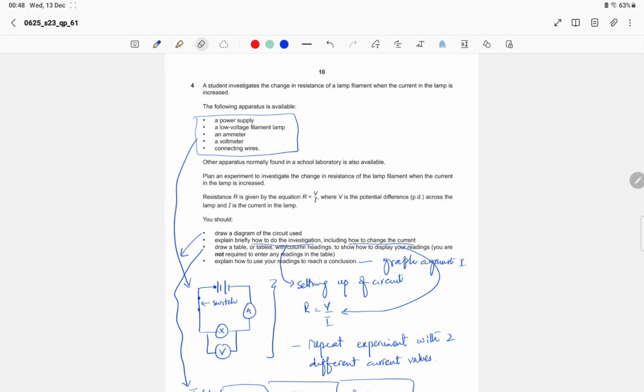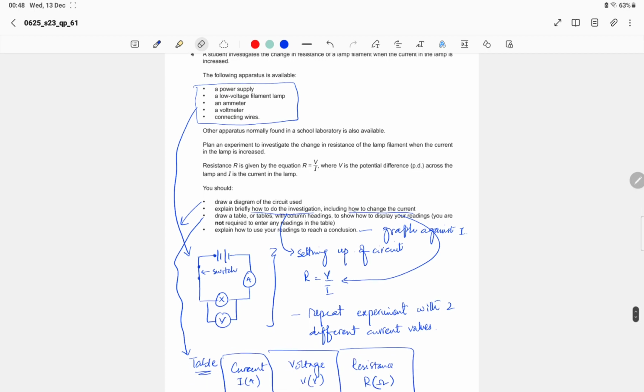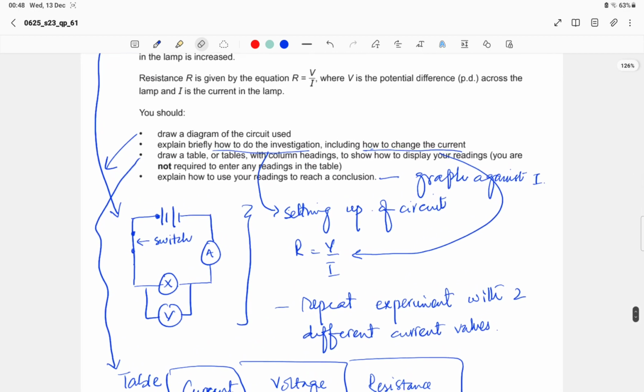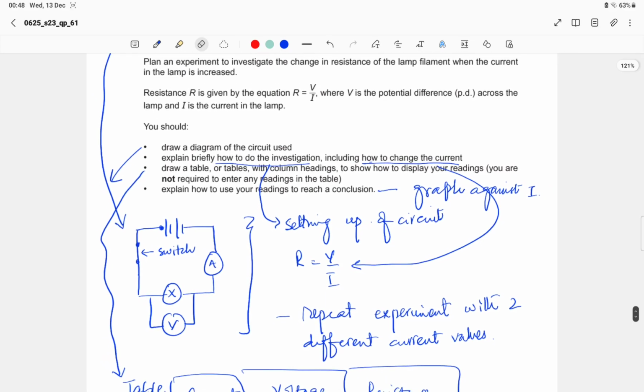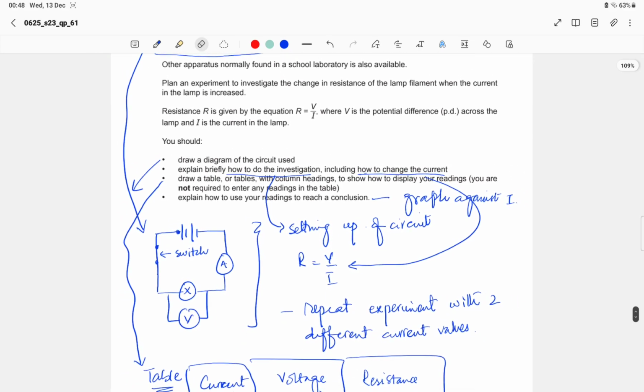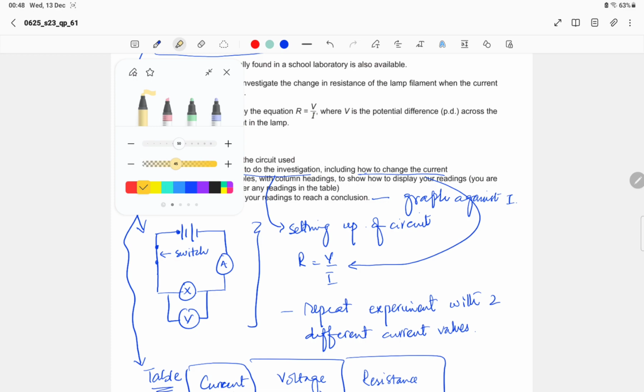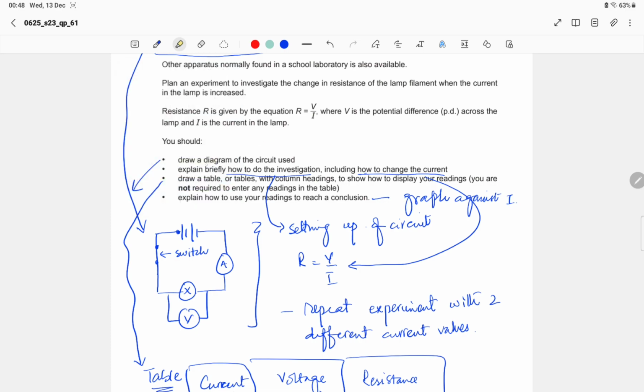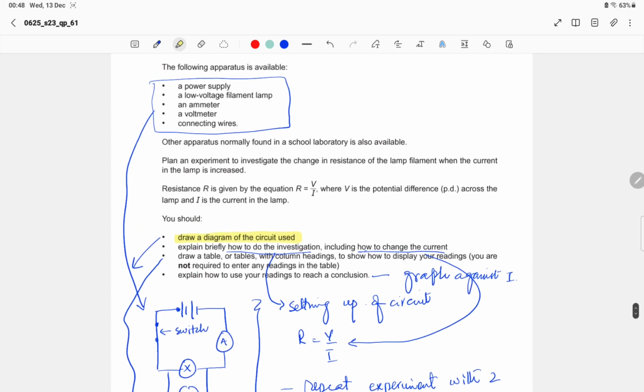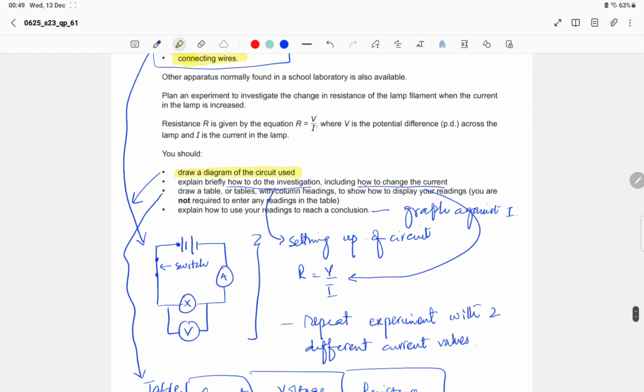Okay, let's do these things in steps. Now we are going to solve one by one each bullet, sort out how things are going to be, and then make a paragraph. First thing is that you need to draw a diagram. For drawing a diagram, you should look at the apparatus which is already given to you, and mention all these things in your diagram.